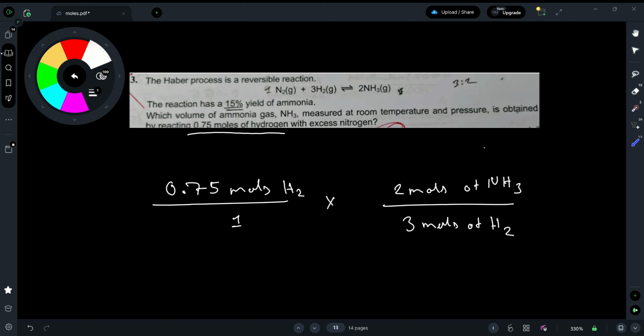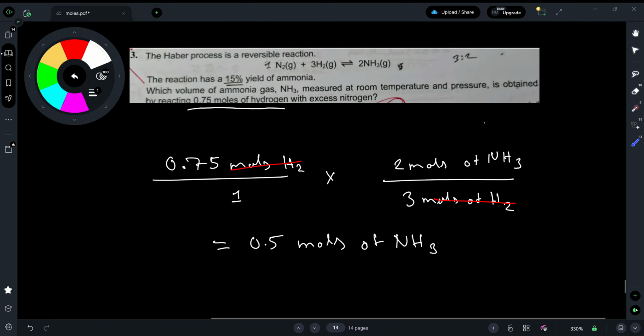So you cut moles of H2, 0.75 into 2 by 3. So we get 0.5 moles of NH3. Okay? And now we know that it's at room temperature and pressure.